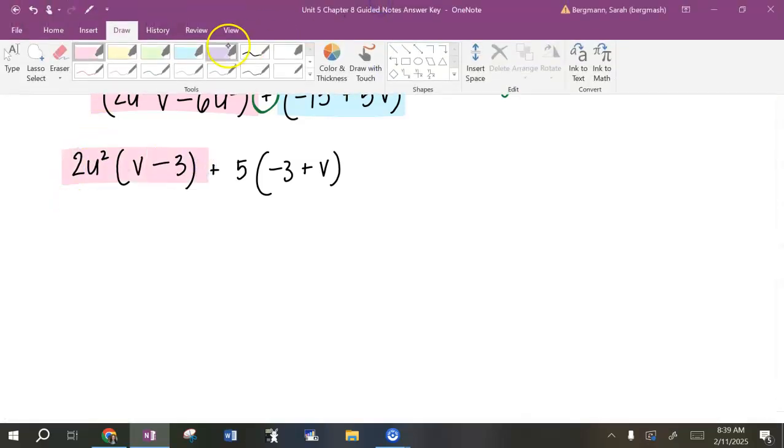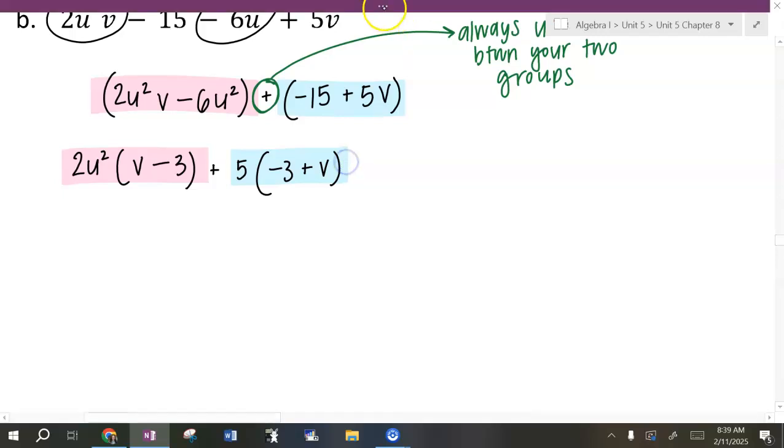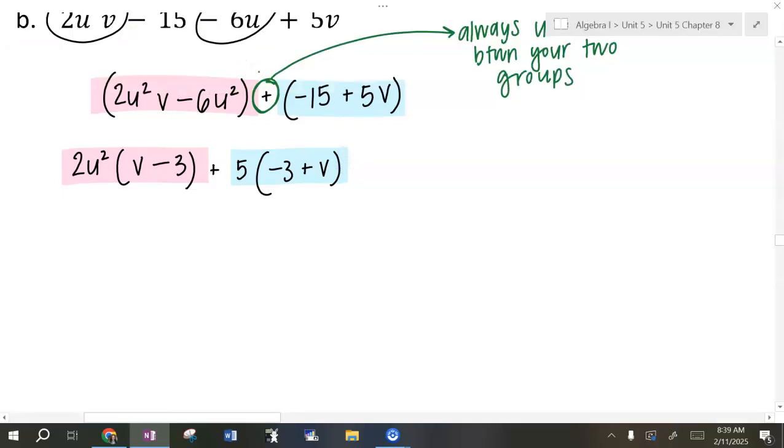Now I look at my two groups. Do these two groups have the same common factor? v minus 3 and negative 3 plus v. Are those the same thing? Yes, because in both of them, the v is positive, the 3 is negative. If you need to rearrange it to see it, negative 3 plus v is the exact same thing as v minus 3.